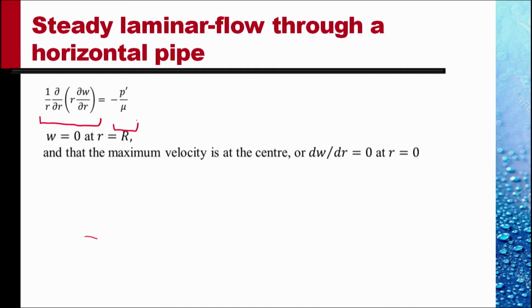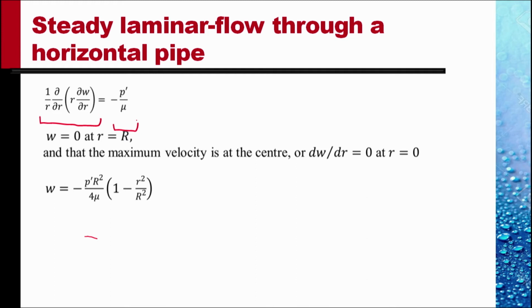This has to be solved with boundary condition w equal to 0 at r equal to capital R, the no slip condition. At the cylindrical wall, the velocity should be 0, and the maximum velocity at the center of the pipe, that is dw by dr, is 0 at r equal to 0. With these two conditions, if we solve this equation, we get the parabolic velocity profile.